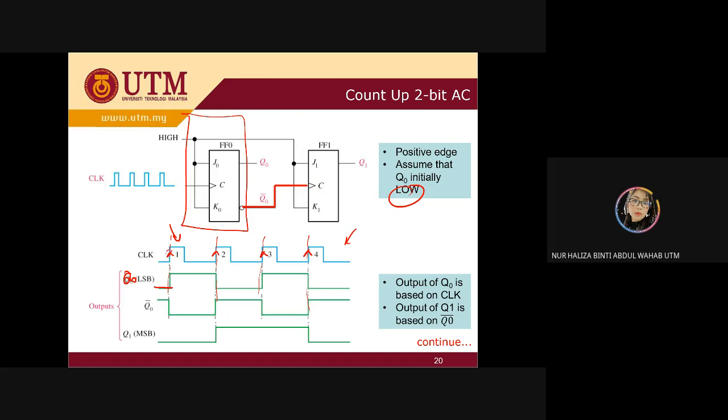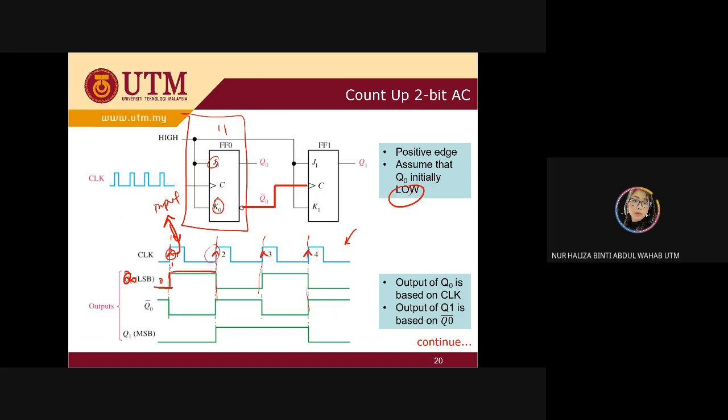Low, when I meet my active high, I'm going to look into my input of the JK. Now my input JK is always 1 and 1, then I'm going to toggle from 0 to 1. And I continue until I meet another positive edge.